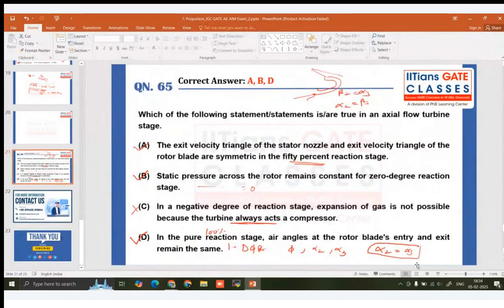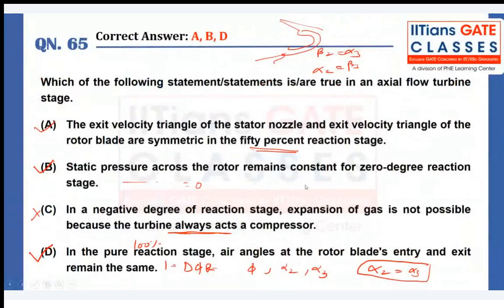Option B says that the static pressure across the rotor remains constant for a 0 degree reaction. So DOR, as a definition, the rotor works between P2 to P3. So the static pressure change across the rotor divided by the static pressure rise or pressure drop across the entire stage, that is P1 minus P3.